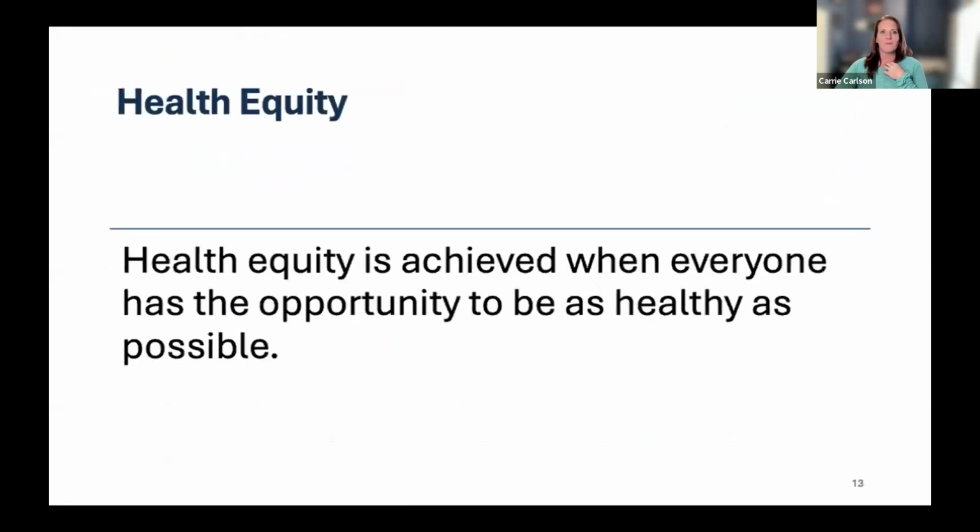But so, health equity. I know that I've been on the TBF calls and I know people have really covered this really well. So health equity is achieved when everyone has the opportunity to be as healthy as possible. So that is health equity. We've heard that it's in different forms, and it really can affect different cultures and populations and really regions in different ways.